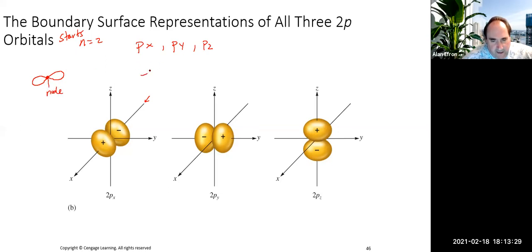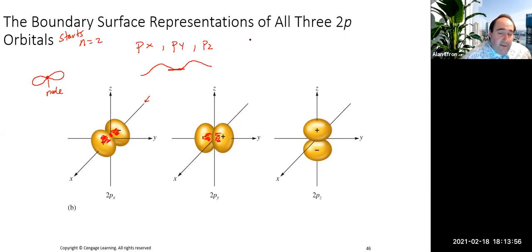When you have a wave traveling, there are certain points where there's no amplitude, and that's what we're talking about here. You can almost visualize that the nucleus is here, which is why we would expect to find a lot of electron density in this area. And we have the px, the py, and the pz.